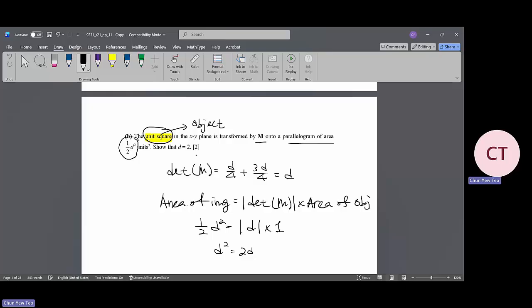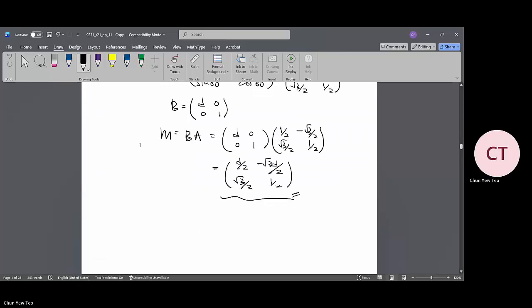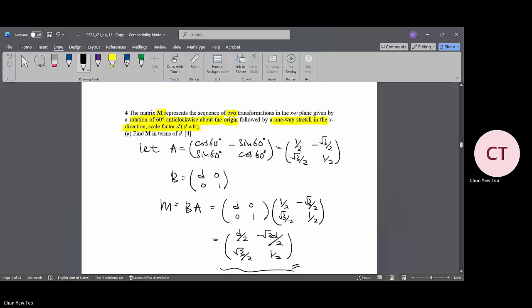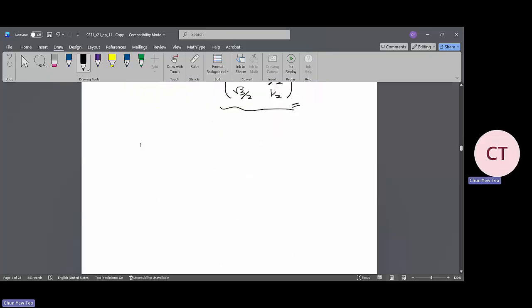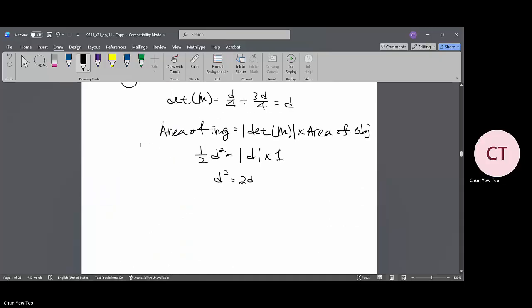The question didn't mention that d is positive. They only mentioned that d is not equal to 0. However, in order to get half d squared, the area is positive, so that means the d over here we will take as positive.